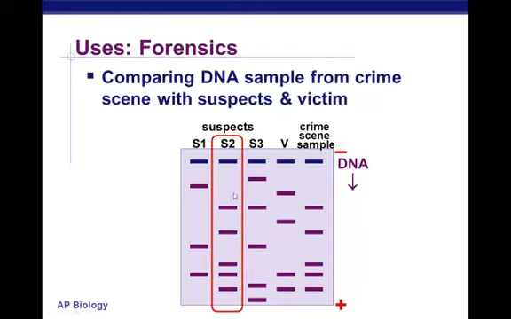If this is my crime scene data that came from the crime scene, and here are my 3 suspects, you can see who's a match for the crime scene data.